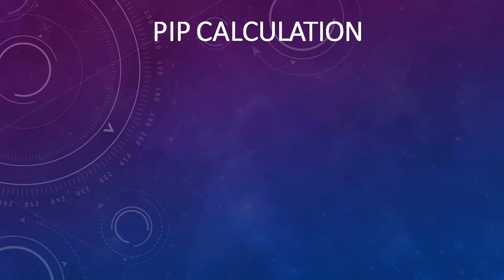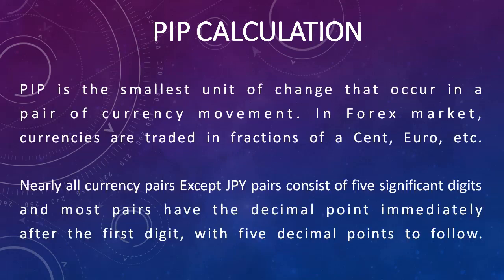So the question is, what is PIP? PIP is the smallest unit of change that occurs in a pair of currency movement. So when the currency moves, that slight change is what we call PIP.